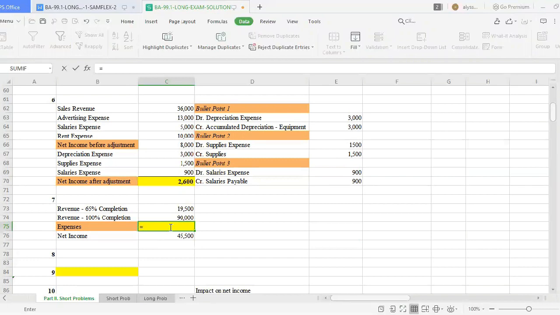So to get the expense, net income less the two revenues. So the correct answer is, the expense is 64,000. So let's make it positive. So the expense is 64,000.